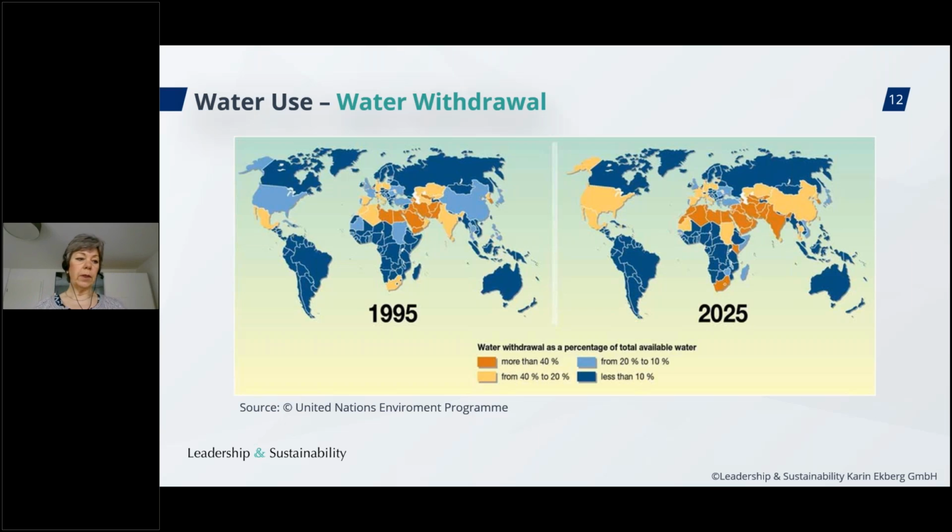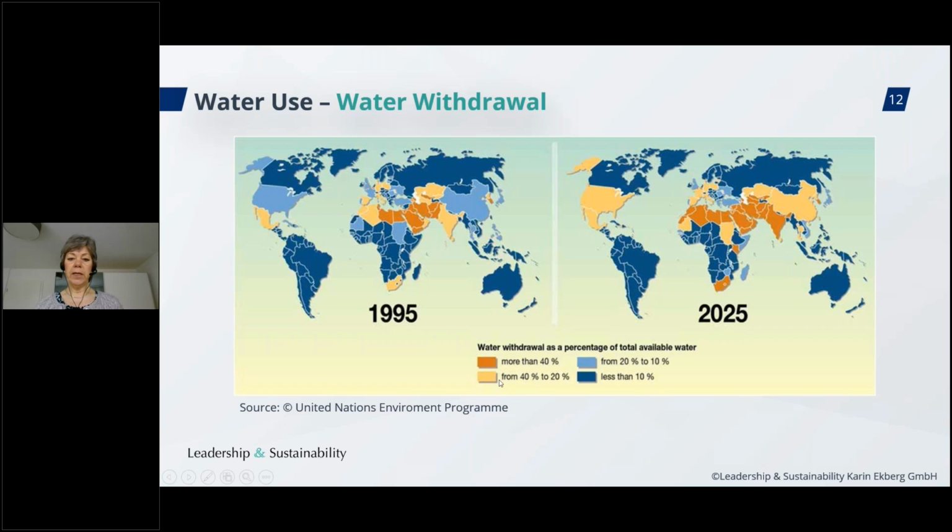Water withdrawal is defined as water use that permanently withdraws water from its source, water that is no longer available because it has evaporated, been transpired by plants, incorporated into products or crops, consumed by people or livestock, or otherwise removed from the ground. And now, if you look at those two maps here, with 30 years in between, you see that there is quite a significant difference.